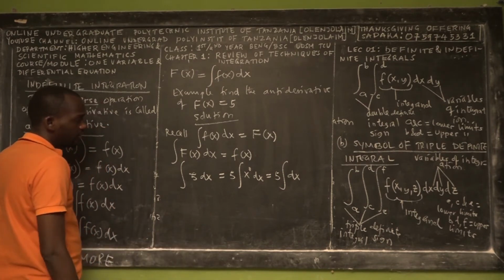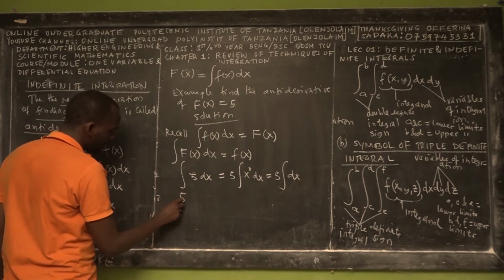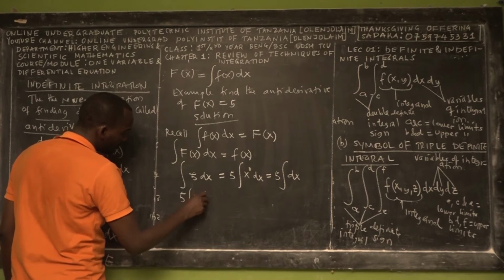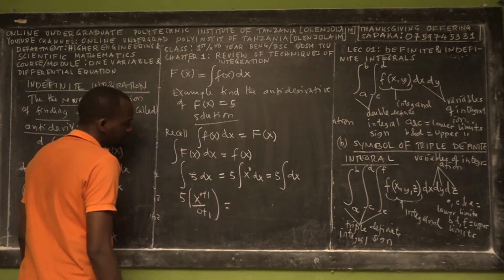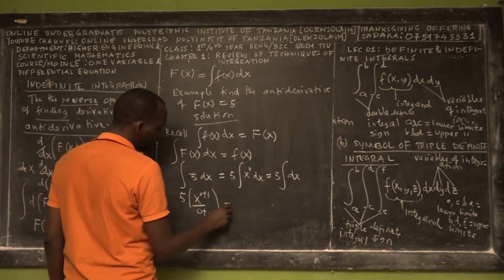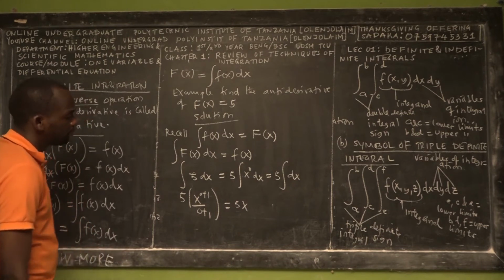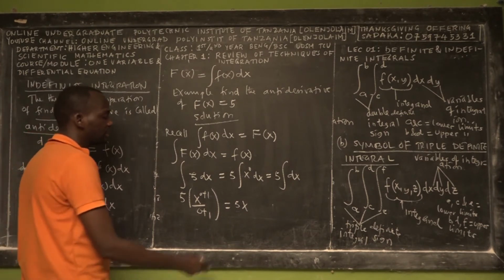Once we integrate there, here we get 5, then there we get x power 0 plus 1. So this is equal to 5x.